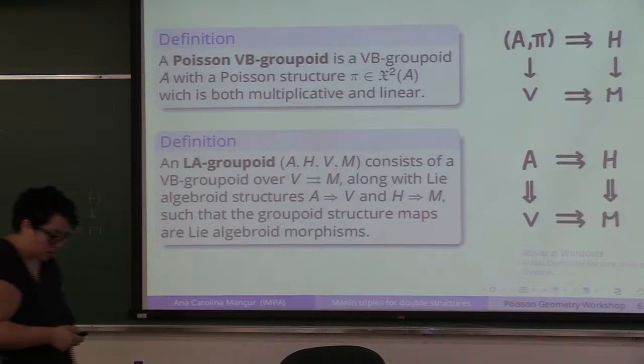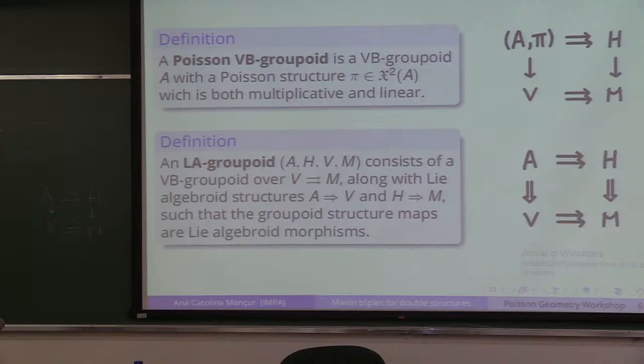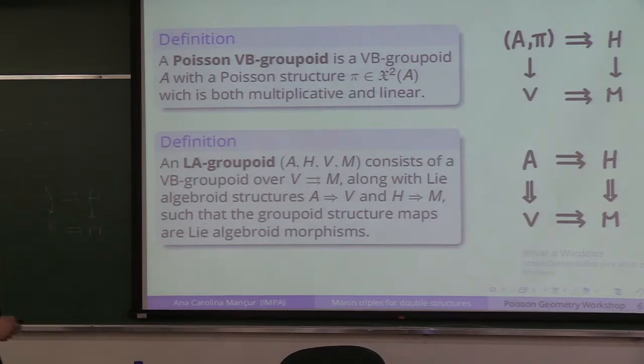And we also have the definition of an LA groupoid, when we have a Lie groupoid over a Lie algebroid. And the compatibility here is that the structure maps of this groupoid are Lie algebroid morphisms. And the interesting thing here is that the duality of VB groupoids says that these two structures are the same.